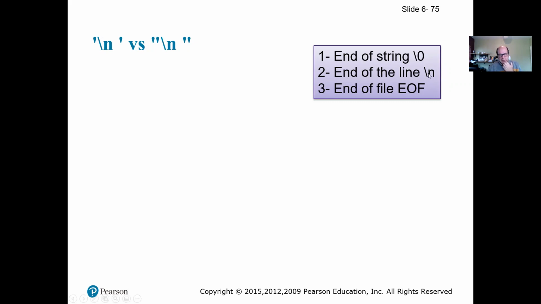The end of line is \n. End of character for the file is not defined in our basic ASCII table, but we are going to be working on it as an EOF character.